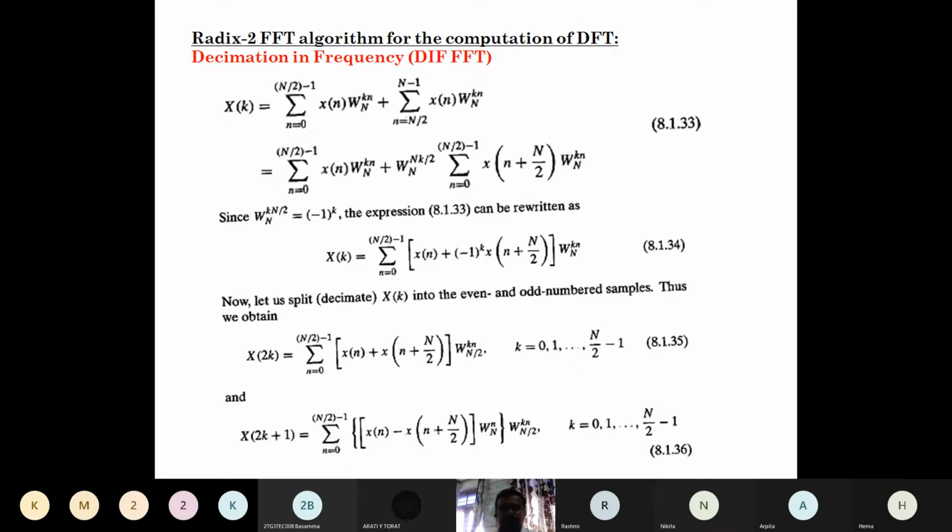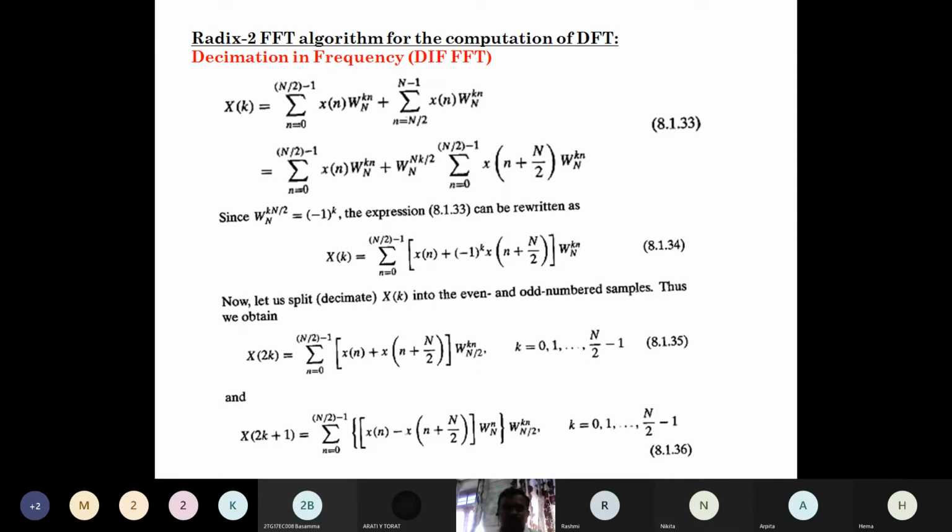What we have done in DIT FFT is segment it into two parts. We perform the computation of DFT only for even elements of x of n and only for odd elements of x of n. The summation is divided into two halves: the first half is even element calculation, the second half is odd element calculation.